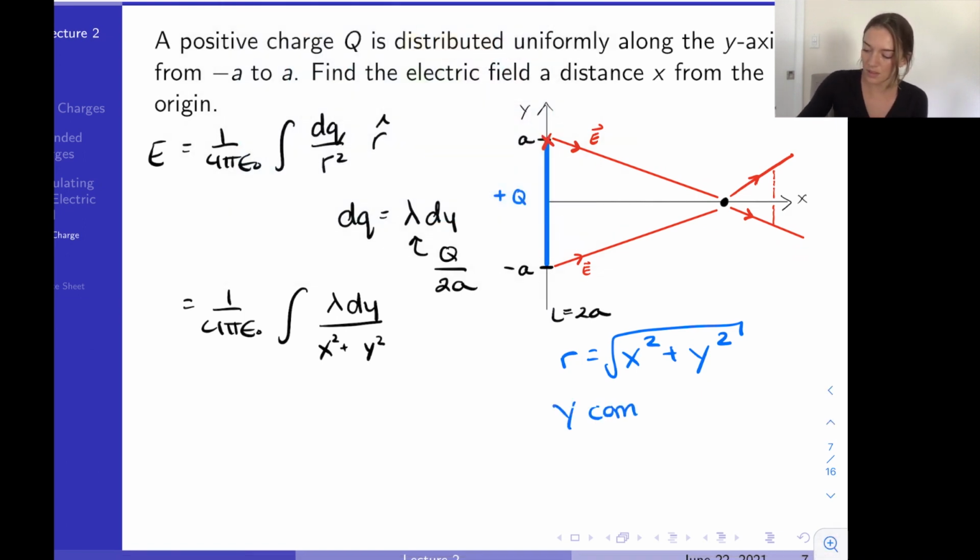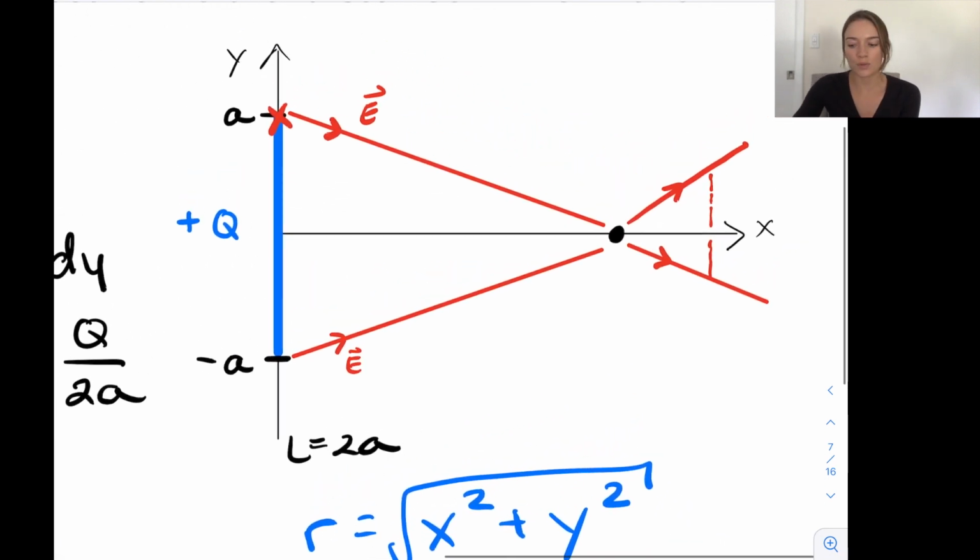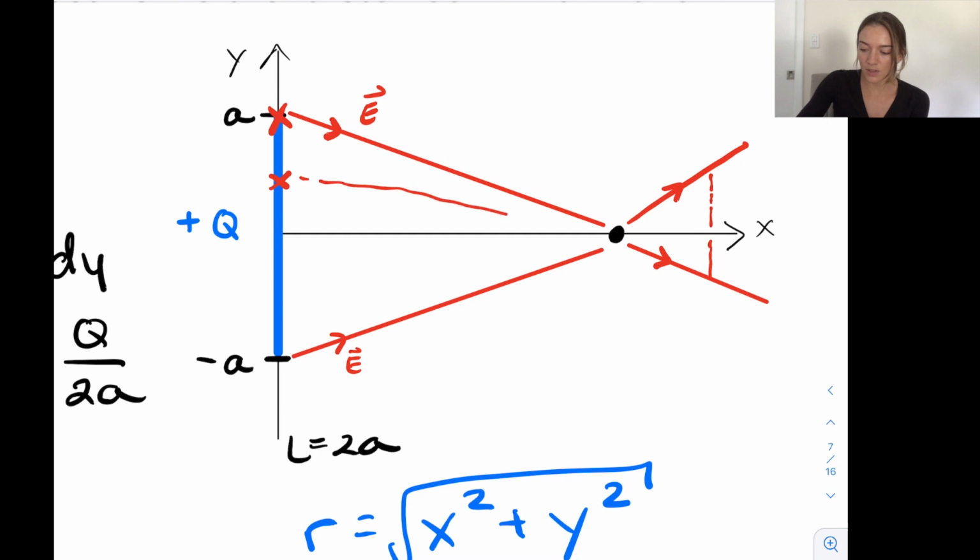So let's do E_y will cancel. And you can see that that's going to be true for every single point along this rod. If I choose this point, and the electric field is going to point like that, it's going to have a corresponding point, just opposite it across the x-axis, going like that. And again, your y components are going to cancel.